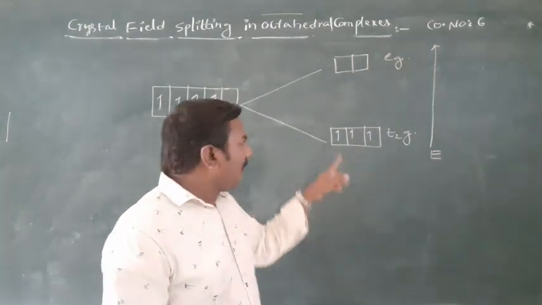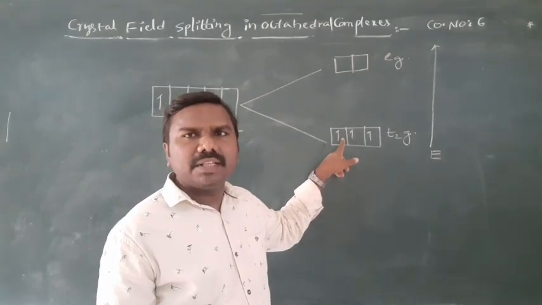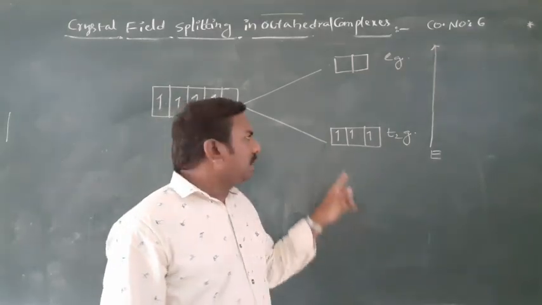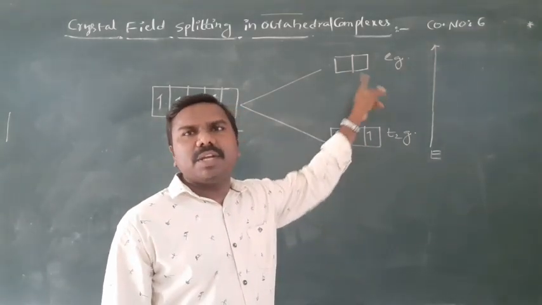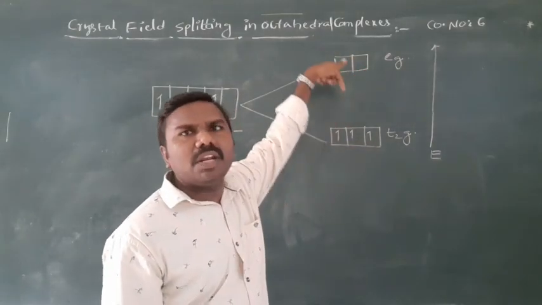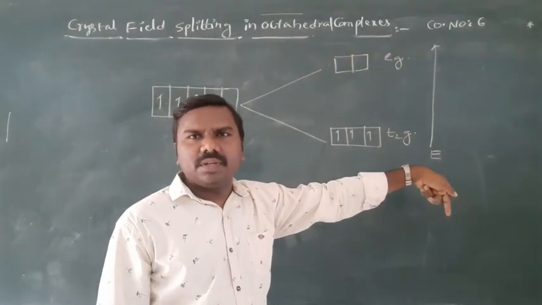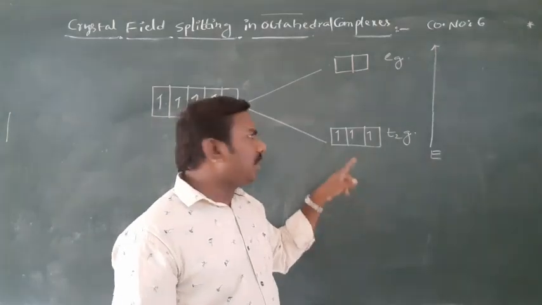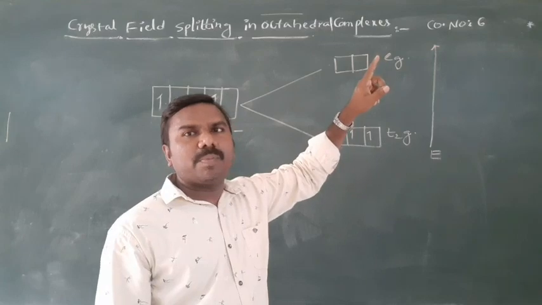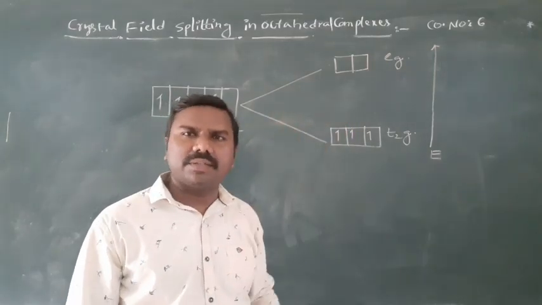According to that, again the electron must be filled in this orbital, it should be paired. According to Hund's rule, each and every orbital must be occupied singly, 1, 1, 1, again 1, 1, then only pairing will start. So to fill lower energy, pairing will start, but these orbitals are empty. Pairing will start after occupying a single electron in each and every orbital.